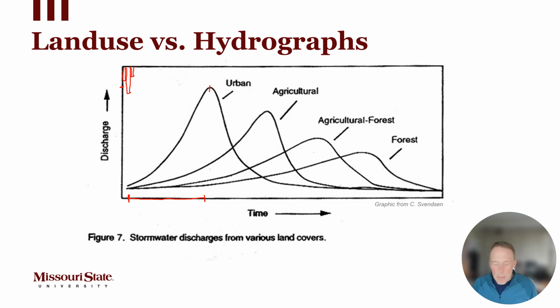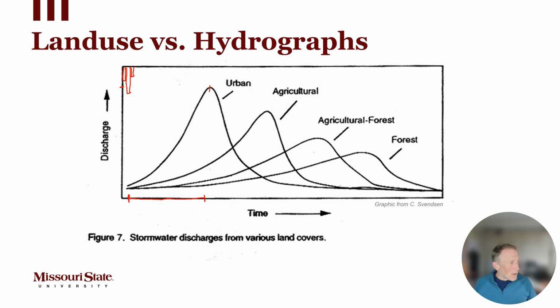The reason this happens is I'm sitting here on campus in the middle of an urban watershed. When I look out my window, I see concrete, sidewalks, parking lots, streets, roofs on the buildings. All of those surfaces have no ability to intercept water like we can with trees and vegetation, as we explained in the first lecture in this module, or the ability, like soil, to absorb and slowly release that water.